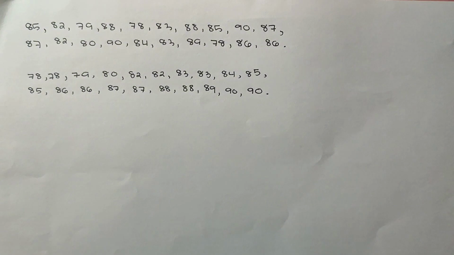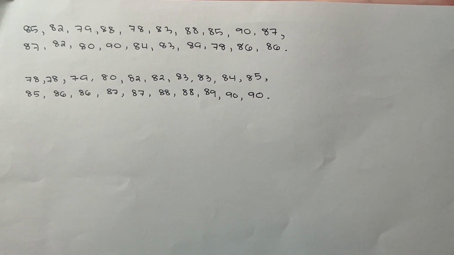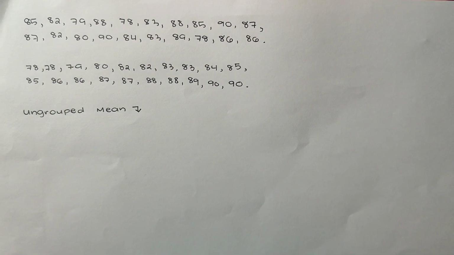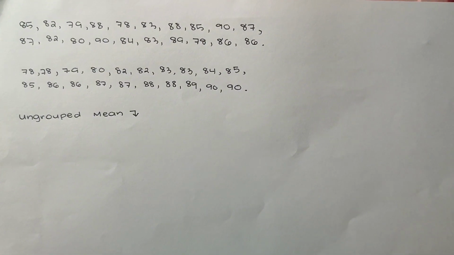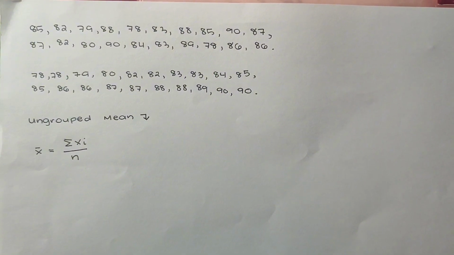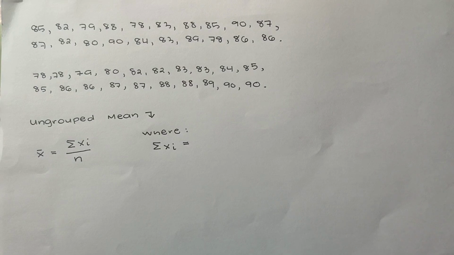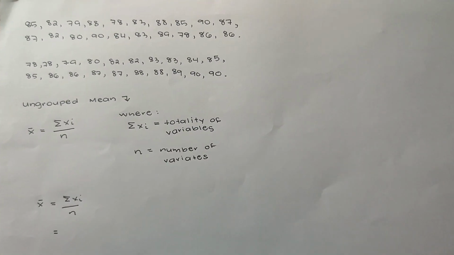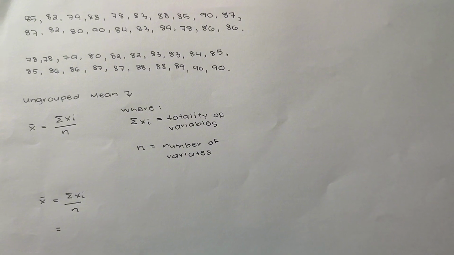Now, this would be what our dataset looks like. Now, in order for us to solve for the ungrouped mean, we will use the formula mean is equal to the summation of x over n, where summation of x is the totality of the variables and n is equal to the number of variates.